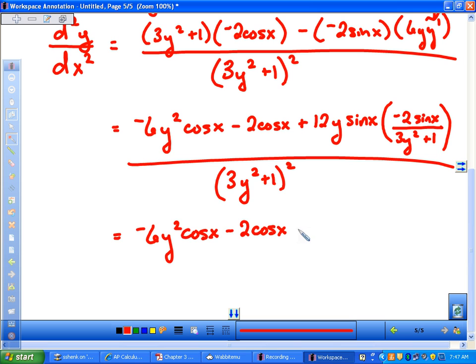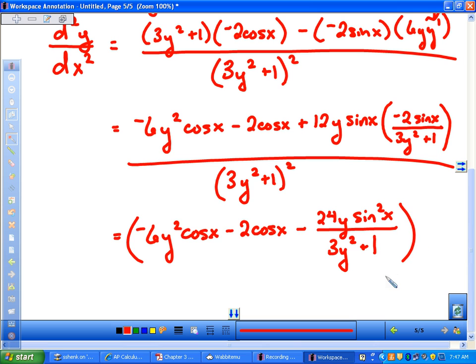Over here, this is going to become again a negative, negative 24y sine squared x over 3y squared plus 1. And then instead of dividing, we're going to multiply this all by 1 over 3y squared plus 1 squared, that'd be the same thing.